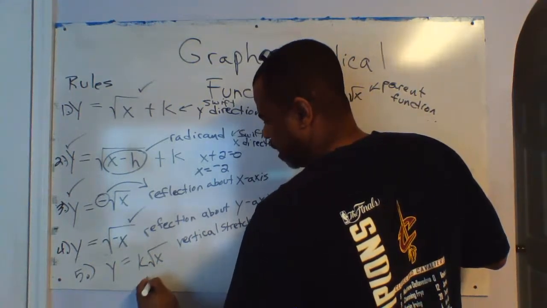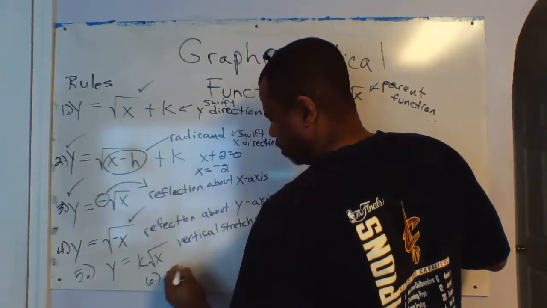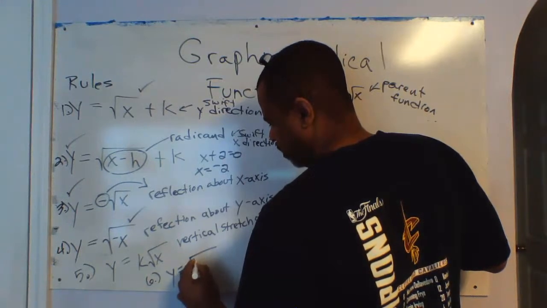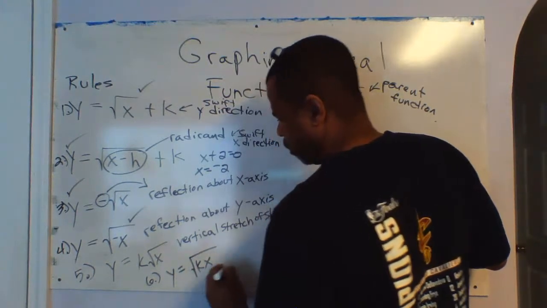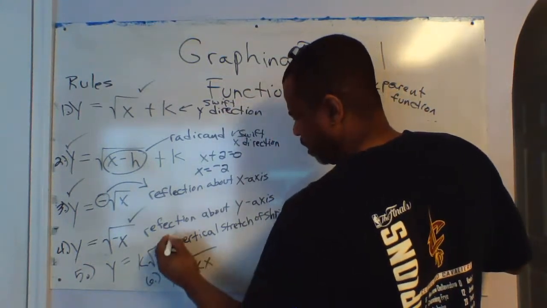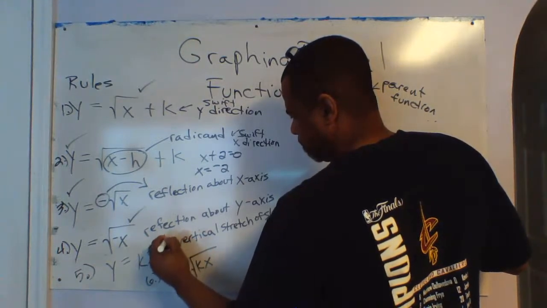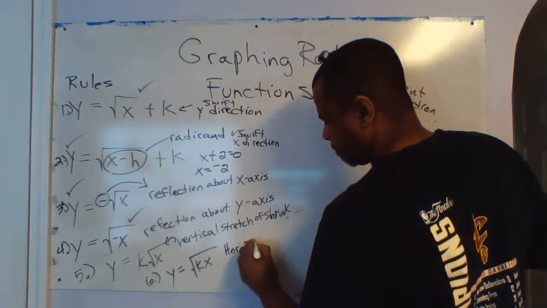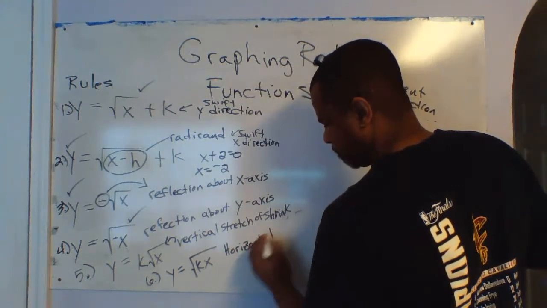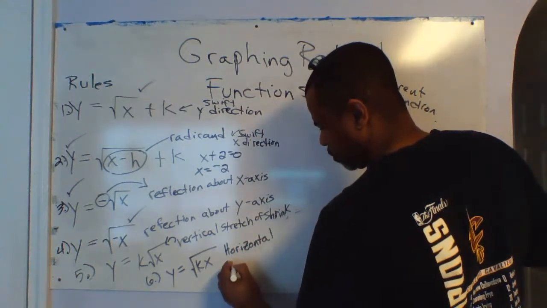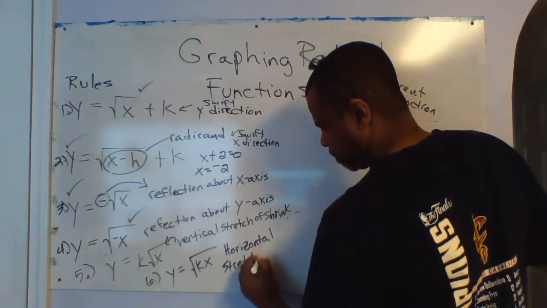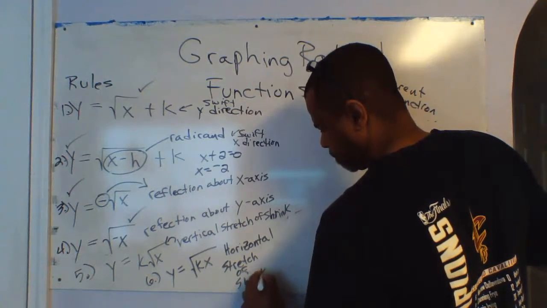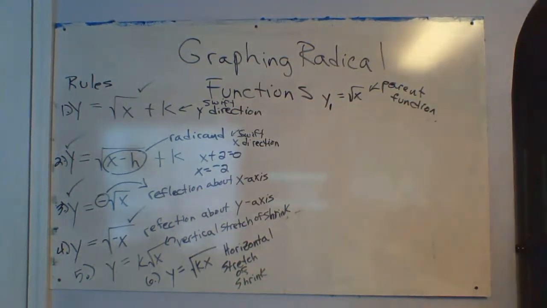If you have rule 6, if it's up under the radical, that means you're going to have a horizontal stretch or shrink. Okay.